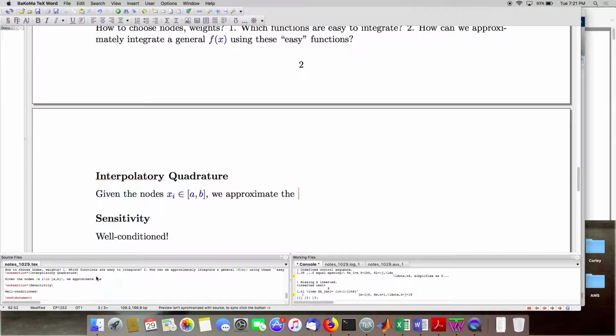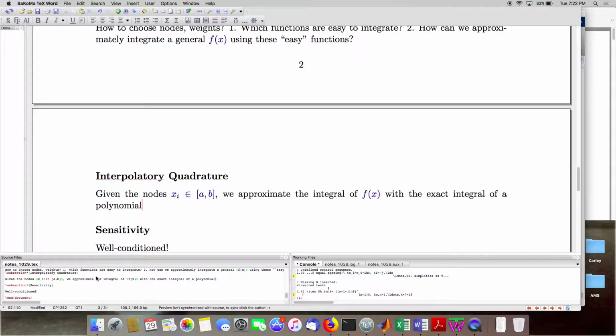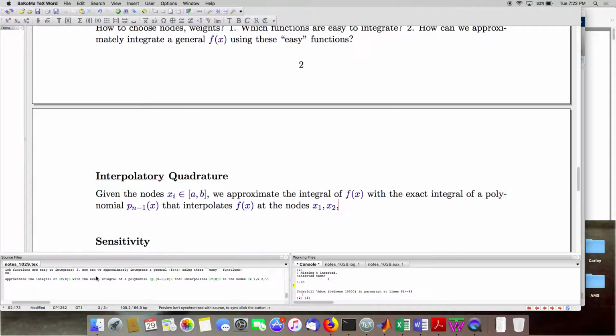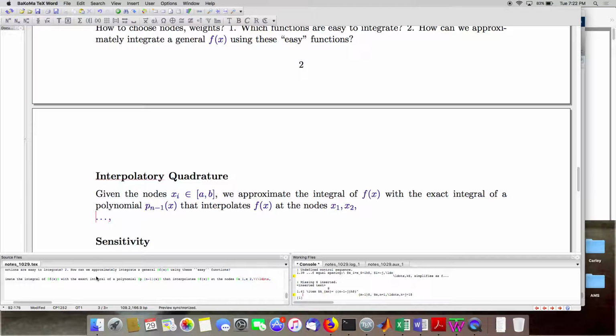You approximate the integral of f of x with the exact integral of a polynomial P_{n-1} of x that interpolates f of x at the nodes x1, x2, all the way up to xn.